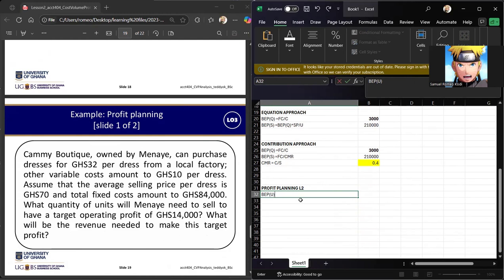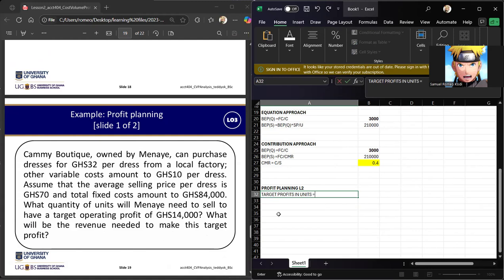But here, because of profit planning, what would be the required units? Because you are doing it based on the target profit, we use target profit in units, the units needed to meet our target profit.